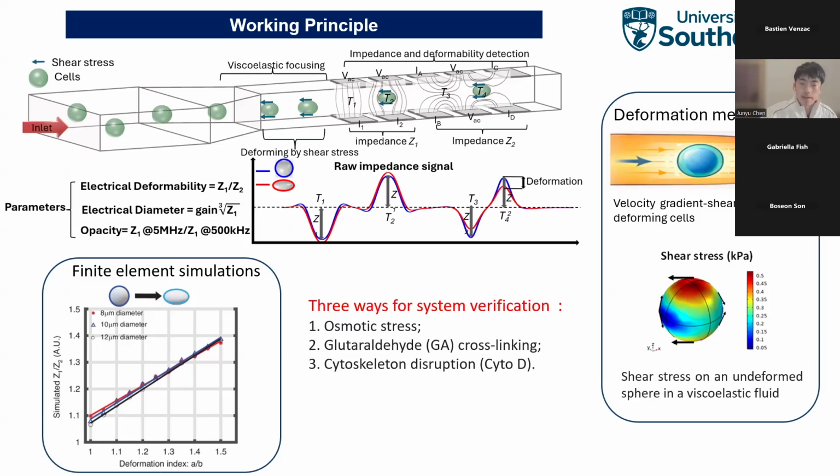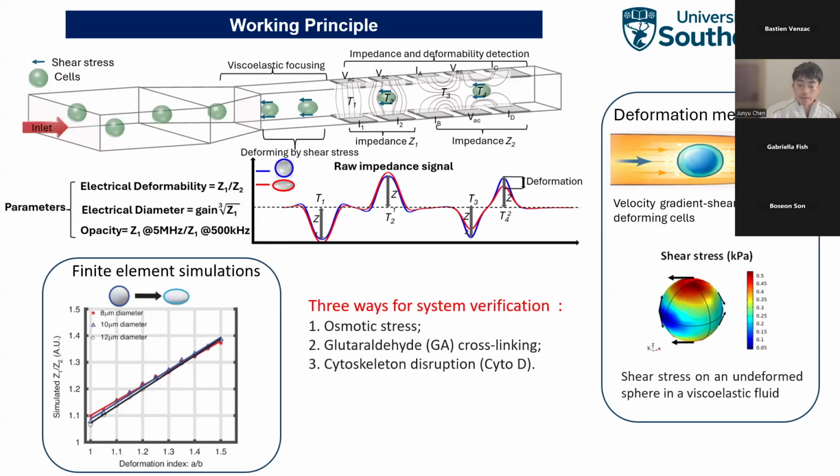The first set of impedance, Z1, is measured by the electrodes producing orthogonal electric fields along the flow direction, and the other set, Z2, is measured in the same direction as the fluid.